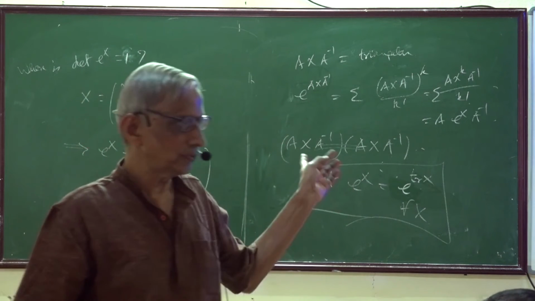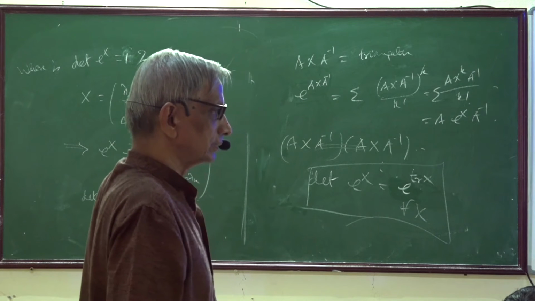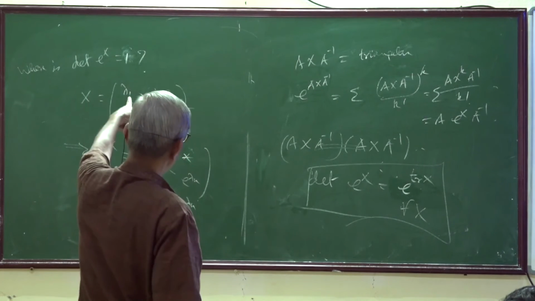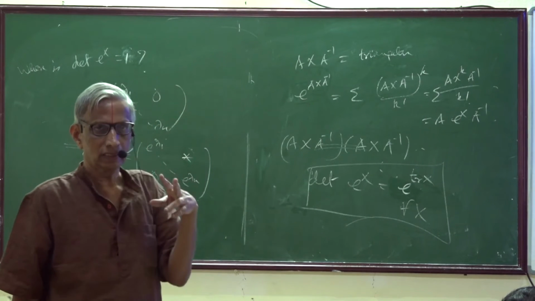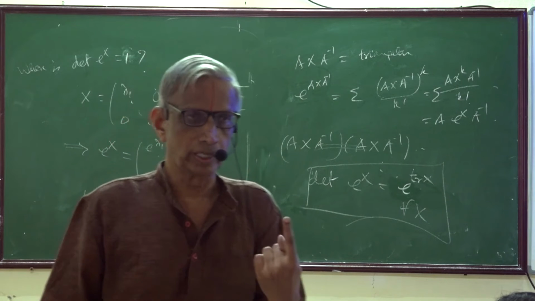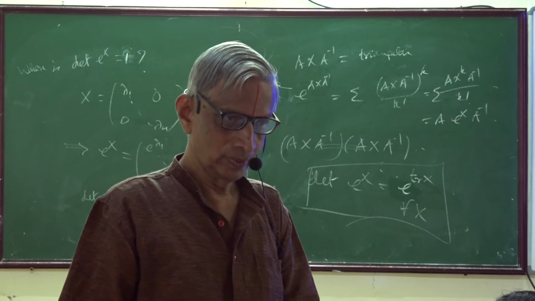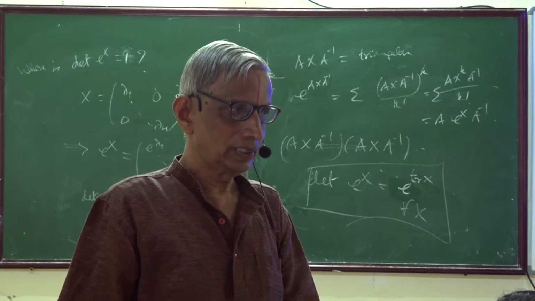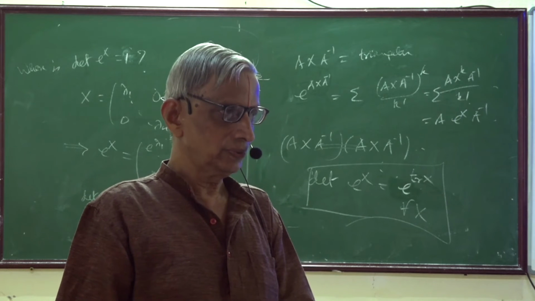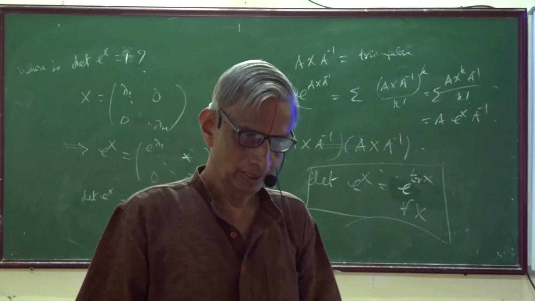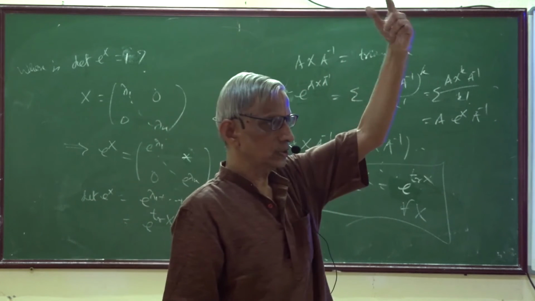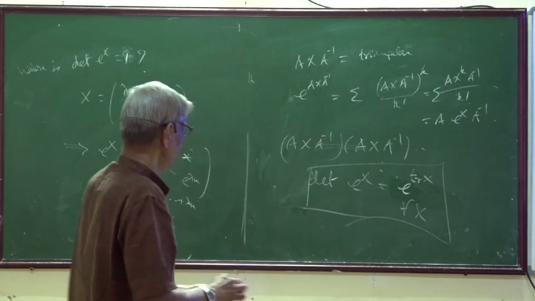So if you come back to our example, we are in SLN, so the determinant is 1. So if the trace of x is 0, then the determinant of e to the power x is 1, right?